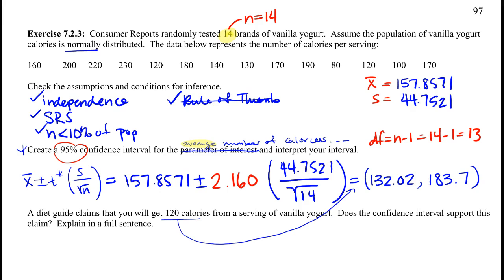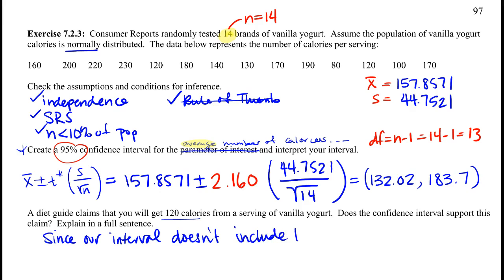So that leads me to believe that there aren't 120 calories in a serving of vanilla yogurt, right? Since our interval doesn't include it, it seems in that case that the true value is probably something larger based on our interval.